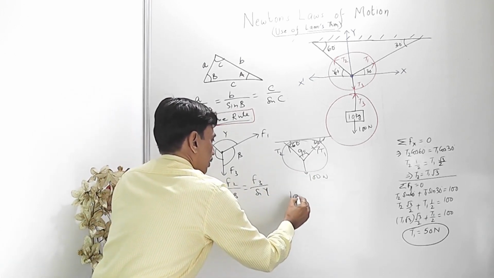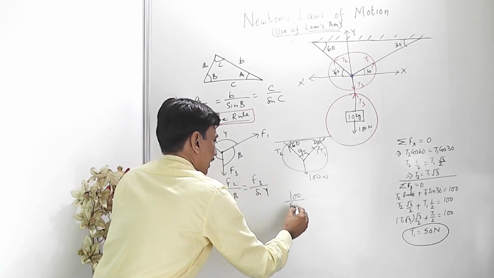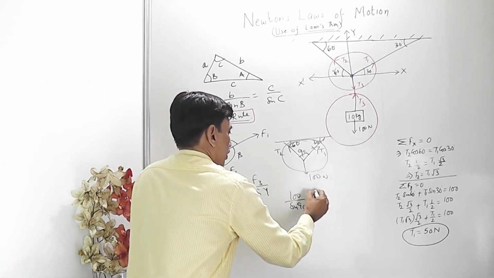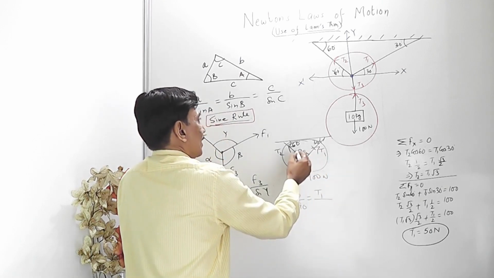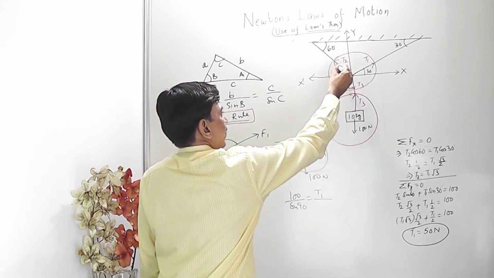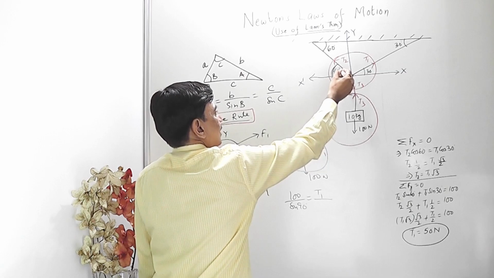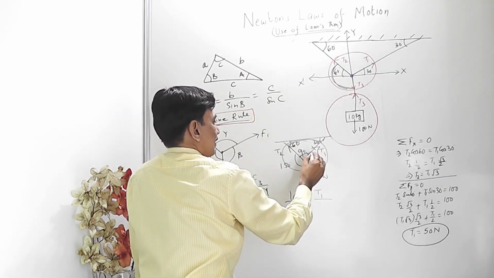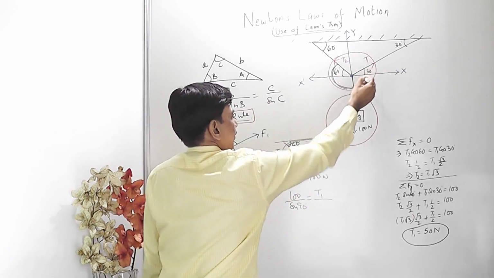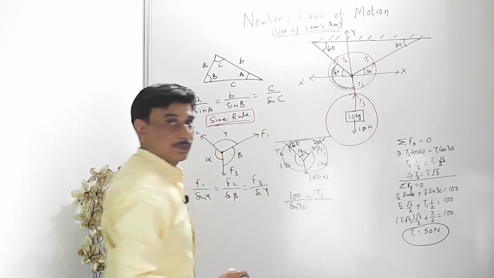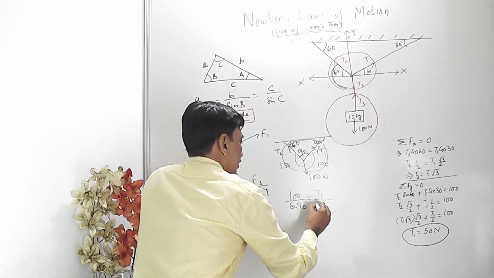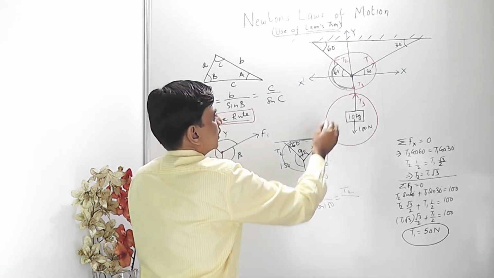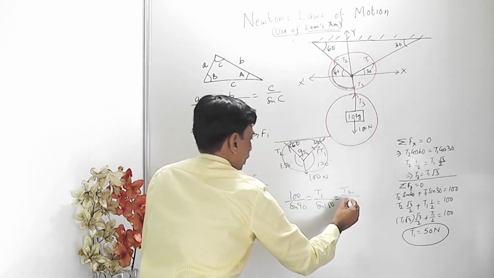So it is 100 by sine 90, and sine 90 is equal to 1, is equal to T1 by this opposite angle, that is 60 plus 90. This is going to be 150 degree angle. And this is going to be 30 plus 90, 120 degree angle. So this is T1 by sine 150 is equal to T2 upon sine 120 degree.